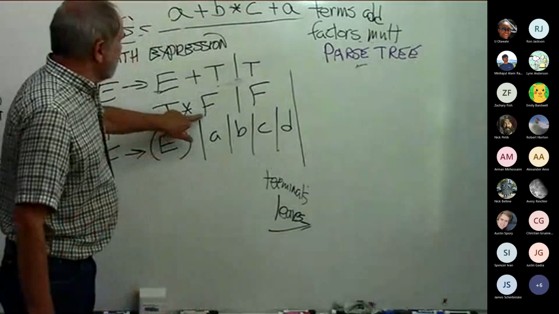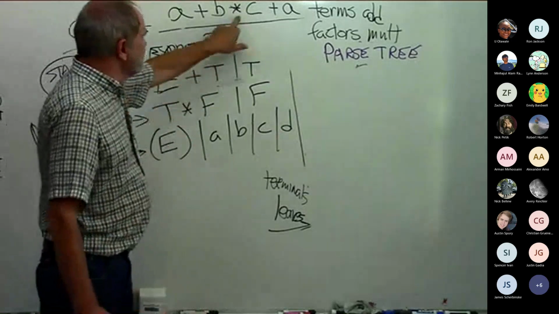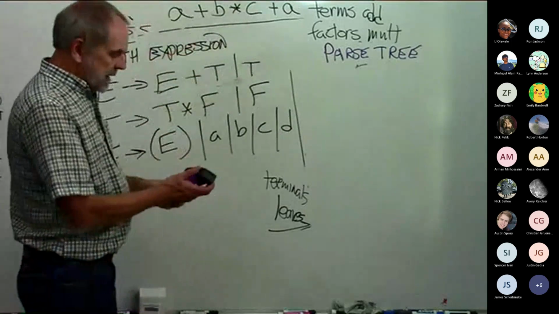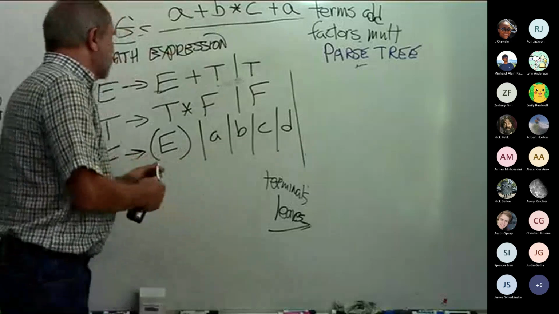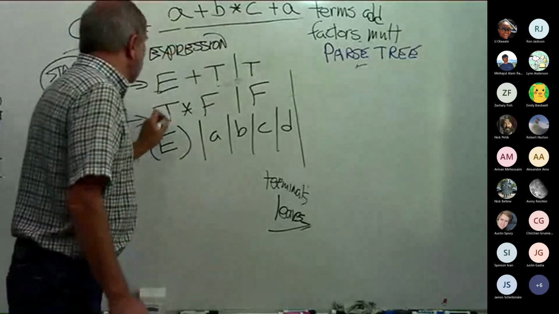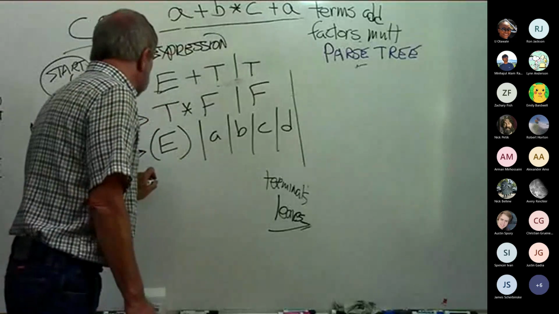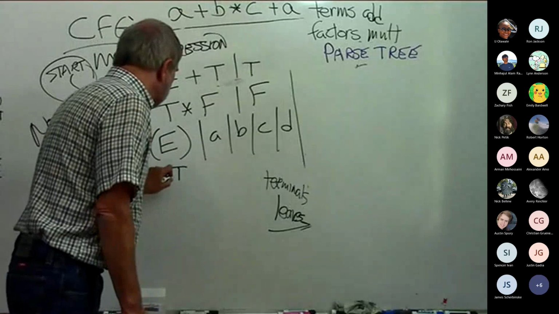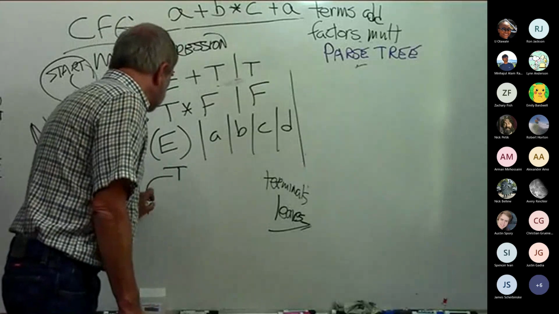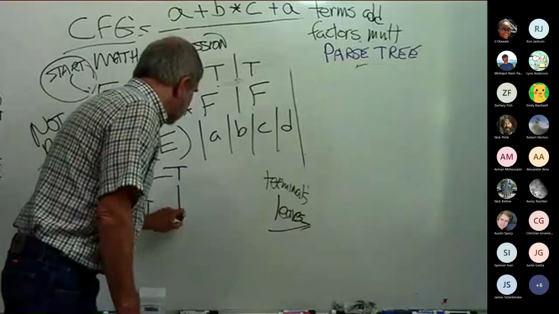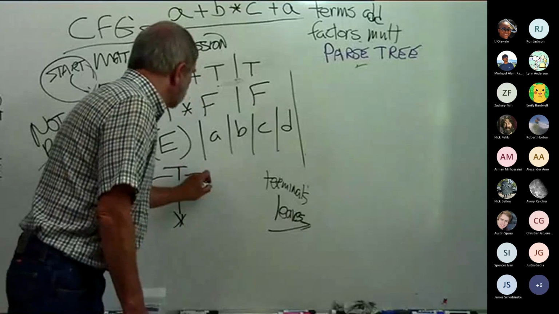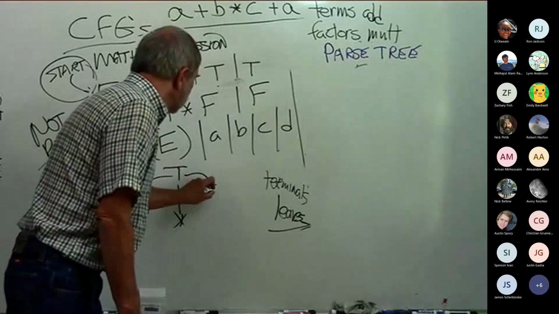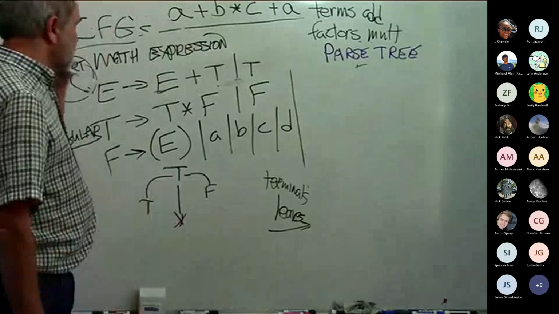The way that we can derive the times here means that we're going to have a T goes to T, the times, and the factor over here.